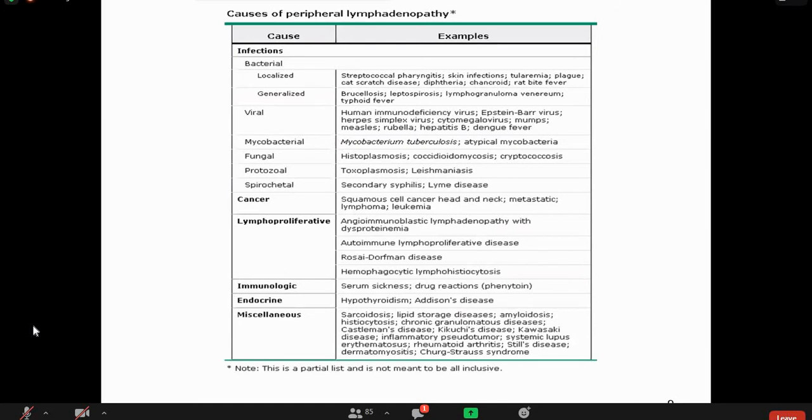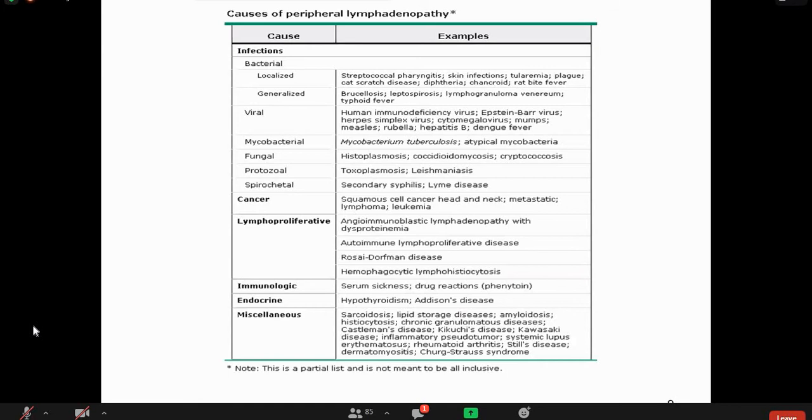So please focus on the area of the draining lymph nodes. Whatever lymph nodes you find in your examination, you should have the basic idea of the anatomy of that area so that you can reach a conclusion about the place from where the disease is arising.